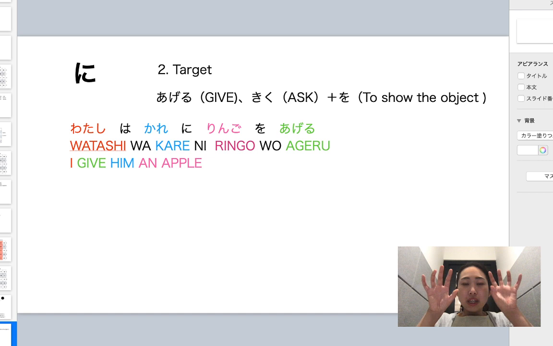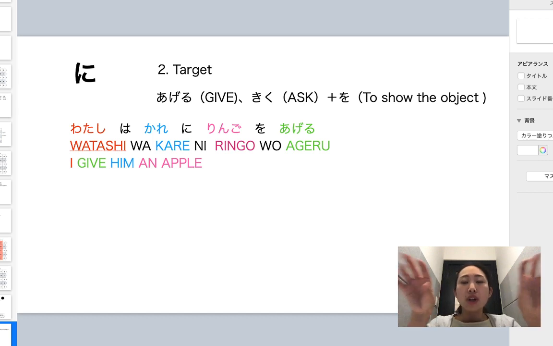So, リンゴ and 彼, these two objects could be switched as long as they have the supportive word, ni or o, because ni or o can tell you what the role of the word is in the sentence. Okay, so it's very useful, and this is very important at the same time. Okay, 私は彼にリンゴをあげる. I give him an apple.